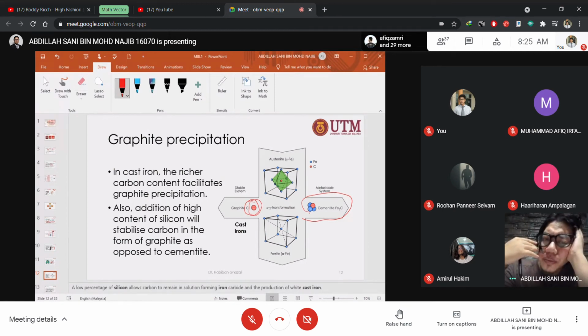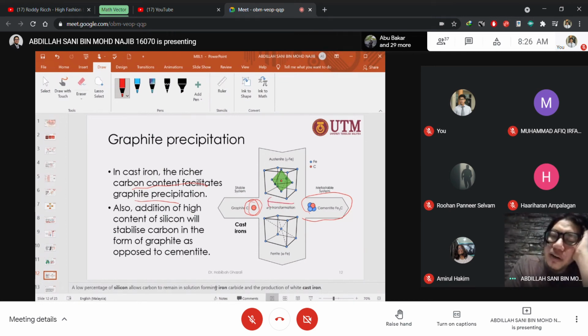In cast iron, the richer carbon content facilitates graphite precipitation. So like I said just now, number one, if we have enough carbon, it somehow pushes the formation towards graphite instead of cementite.